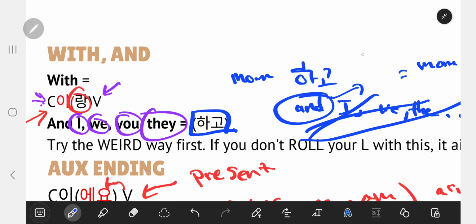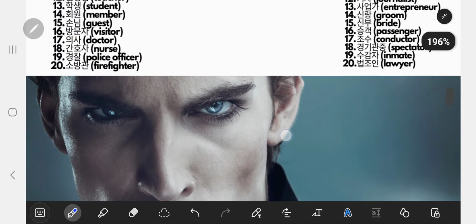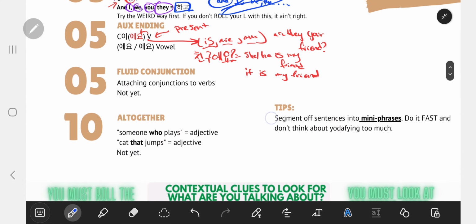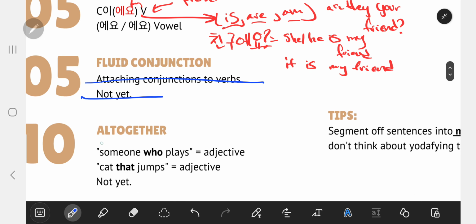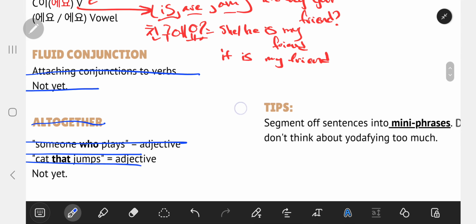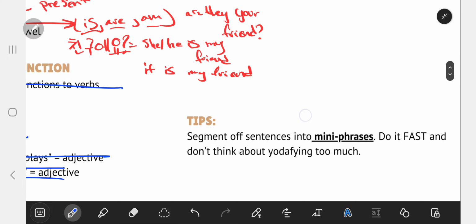If you have more than one noun, the beginning, and then 하고, and then another one, then it just works as "and." That's it. All right. And now the fluid conjunction, attaching conjunctions to verbs. We're not going to do this yet. Don't worry. All together, we're not going to do this yet either. So no worries. I thought I would get into it, but no.